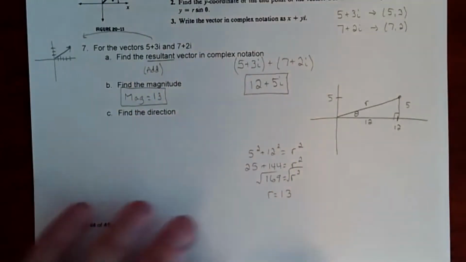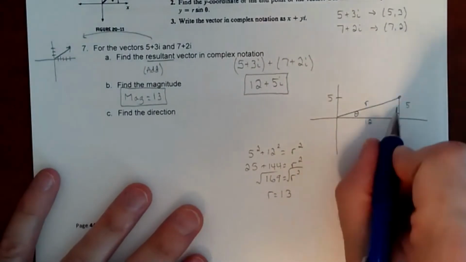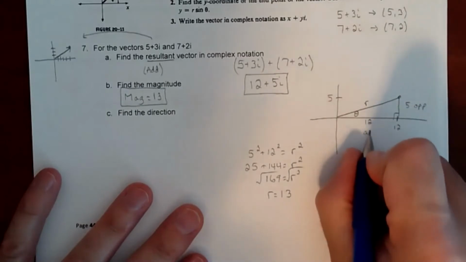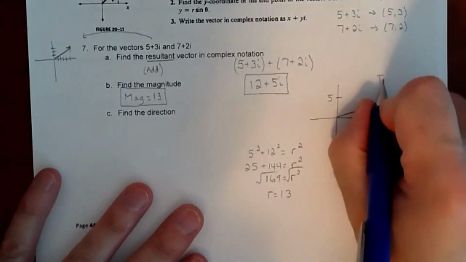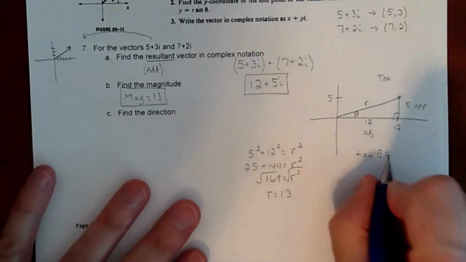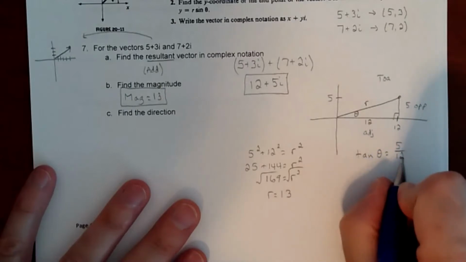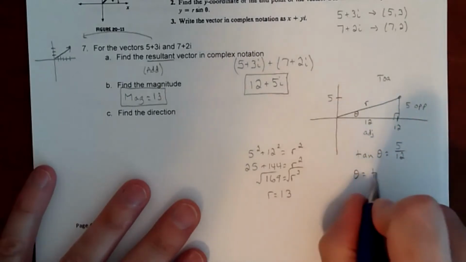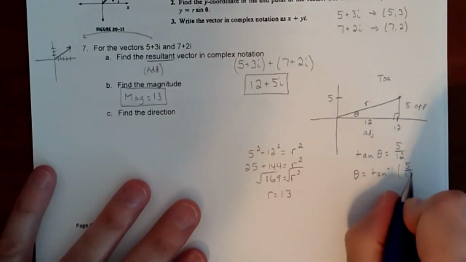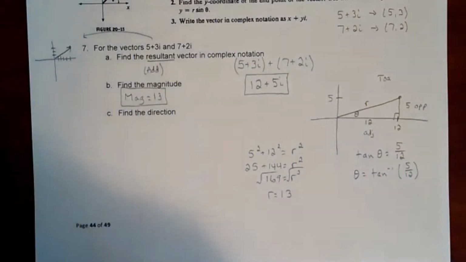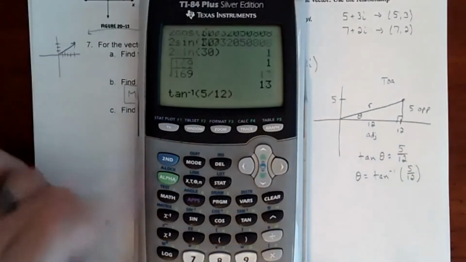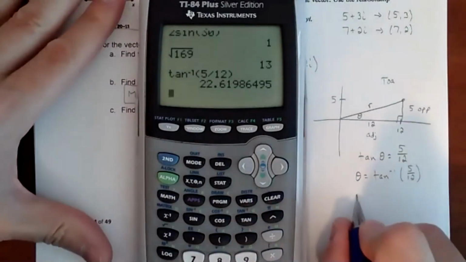All right. And then if we wanted to figure out the angle, we would be using tangent because we have opposite and we have adjacent. So we're looking at TOA. So tangent of our angle that we don't know would be 5 over 12. Since we're finding an angle, that's the only time we'll use that inverse. Let the calculator figure that out. 22.6.